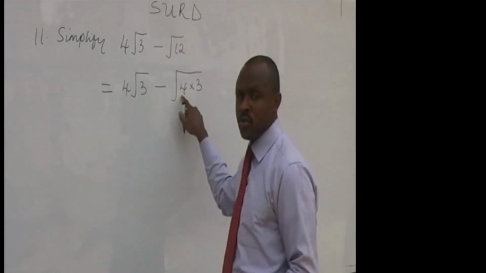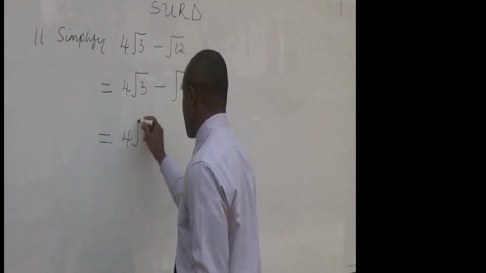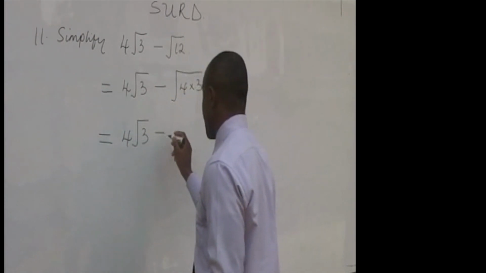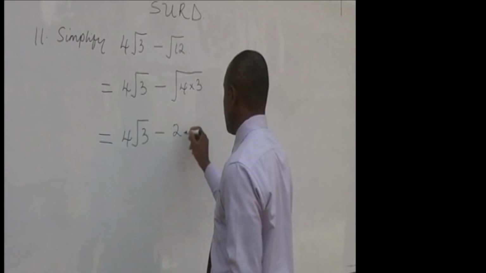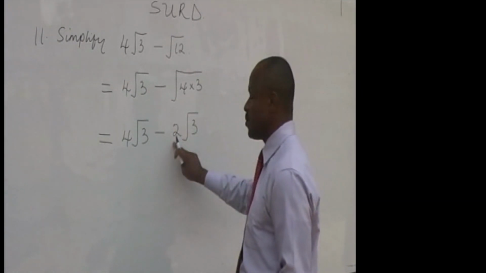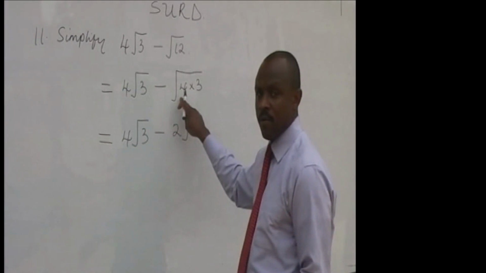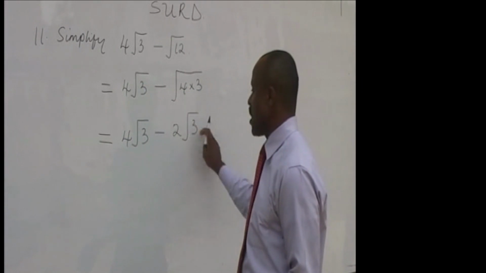The square root of 4 is 2. So if you go down, already we have 4 root 3 here, minus 2 root 3. Remember, the square root of 4 is 2. That was why we brought out 2 from root 4 and retained our root 3.